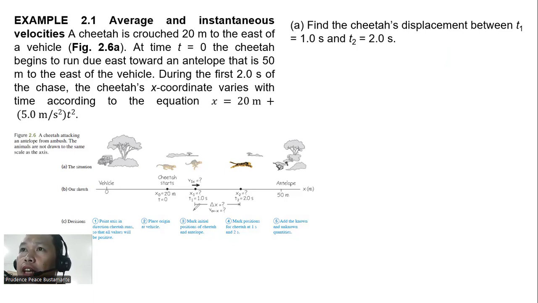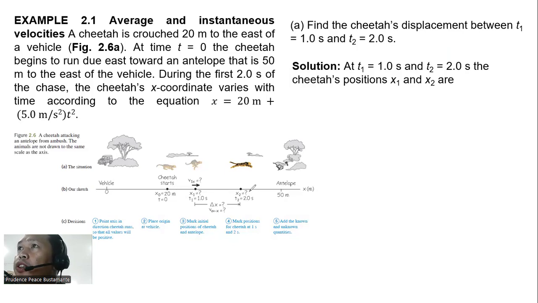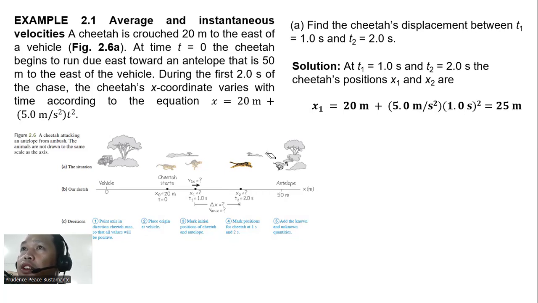If this is time t1, it has a position x1, and it has position x2 at time t2. So we can actually get the position at those times. Say, for example, I want to find the position of the cheetah after 1 second.